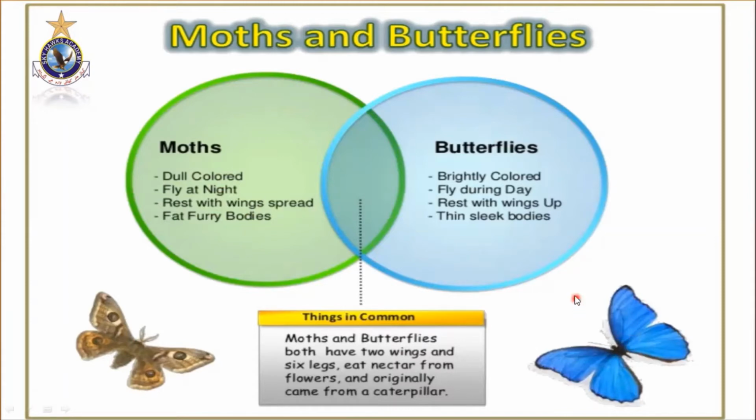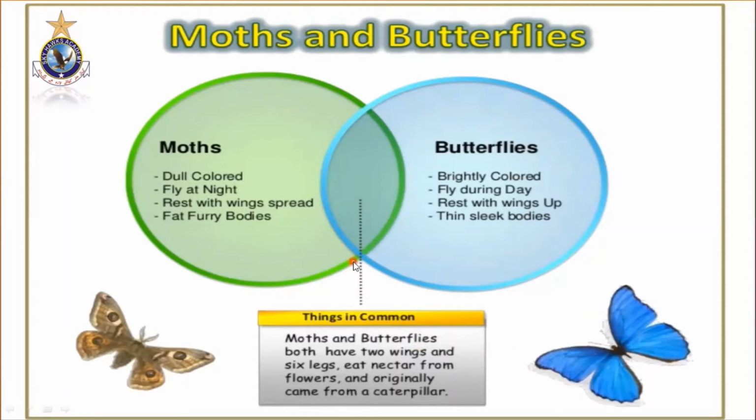We are not going into the details of insect scouting, we are just looking at the main features of these two. Butterflies are brightly colored, so dull versus bright is the contrast. They fly during the day, fast, with wings up, and have thin, sleek bodies.